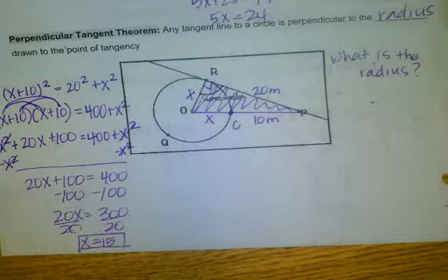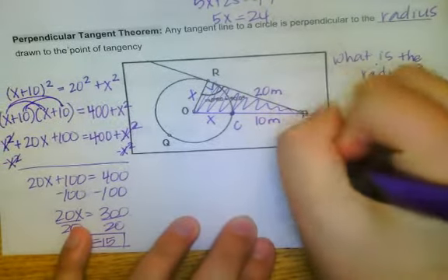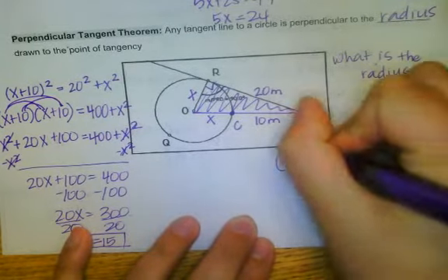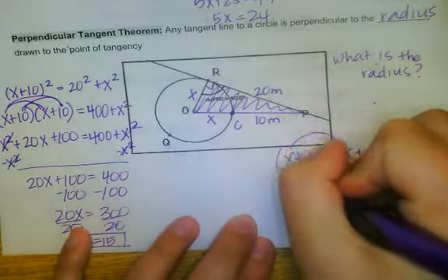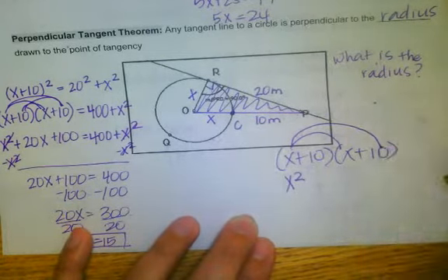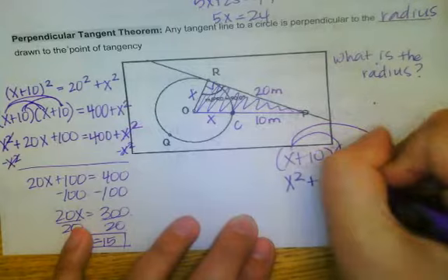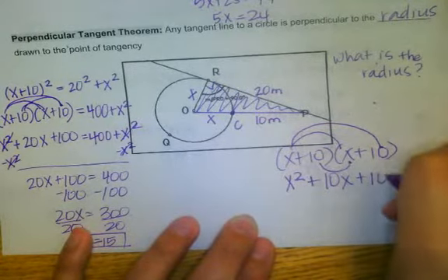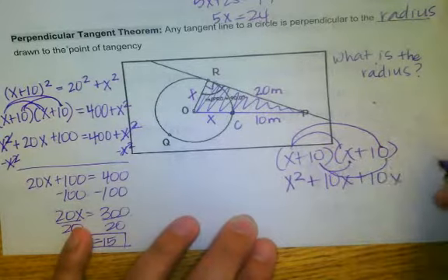So if I have x plus 10 times x plus 10, I'm going to take first times first, which is x squared, then first times last, which is x times 10, which is 10x, then last times first, and then last times last.